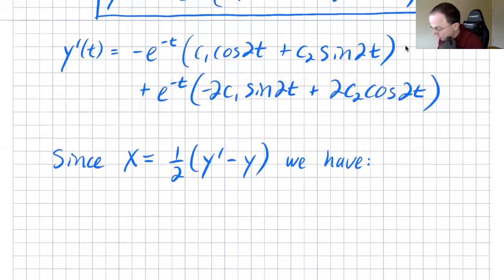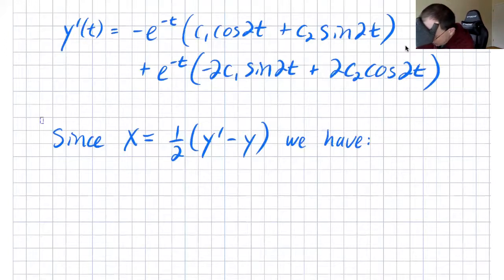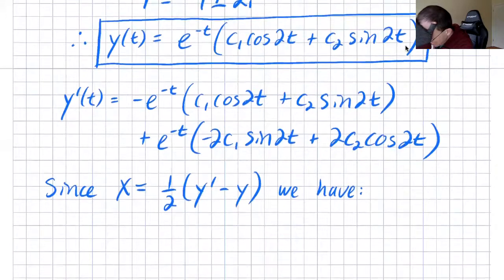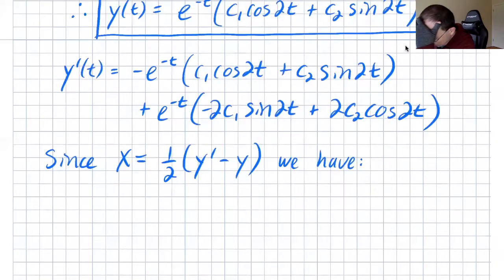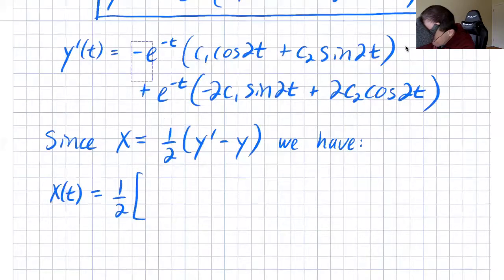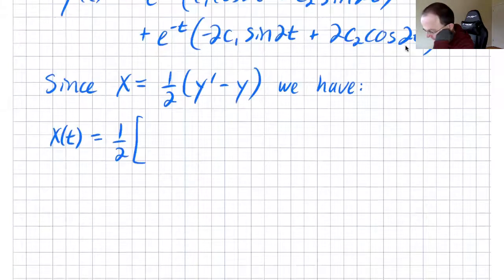Okay, so there's the derivative, and now we can put that all together. Since x is equal to that, we have x of t is equal to 1/2 times y prime. Maybe I should simplify that first.